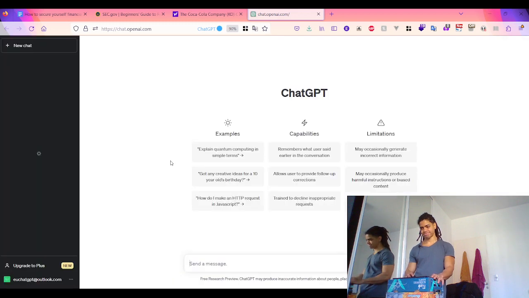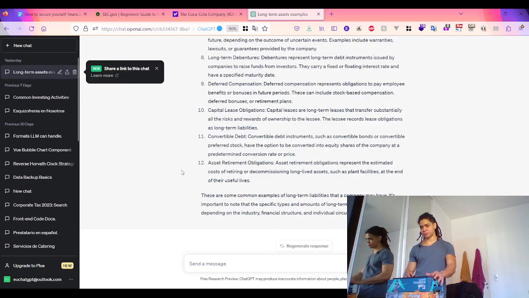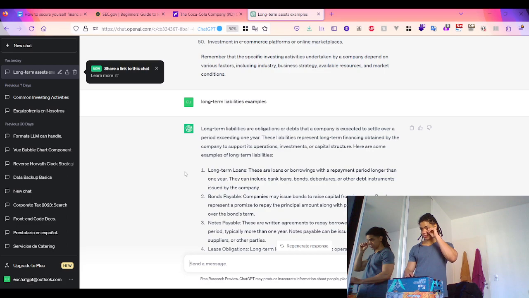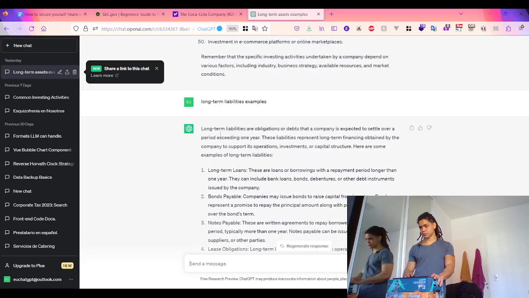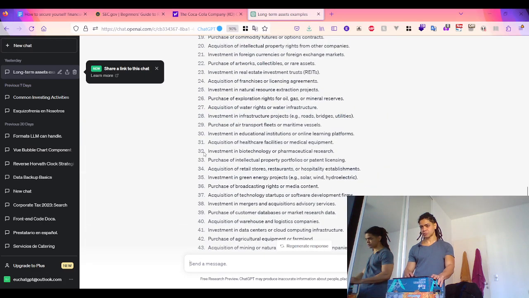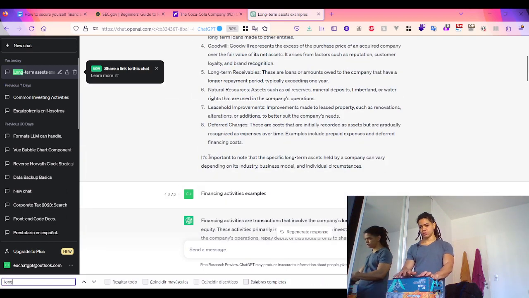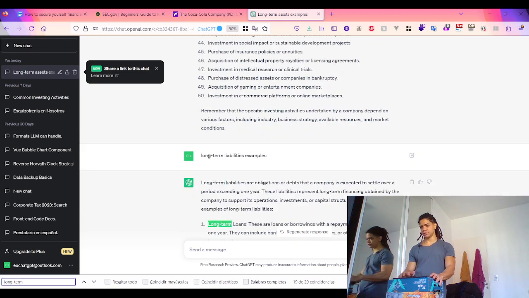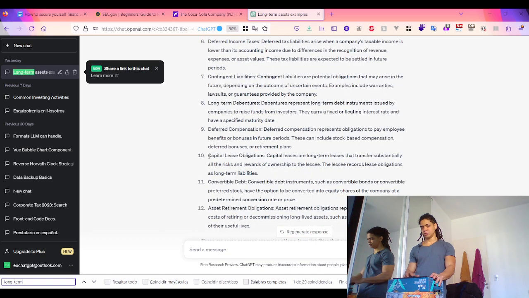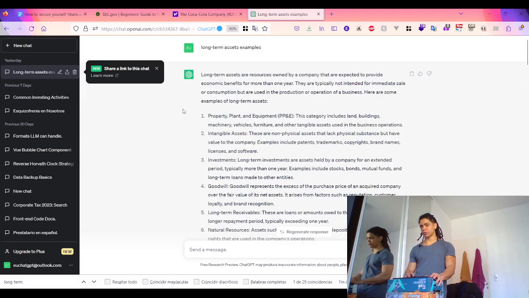Good job. So long-term asset examples. I ask for long-term, not liabilities. It's more like assets. Oh my God. So long-term assets, right?